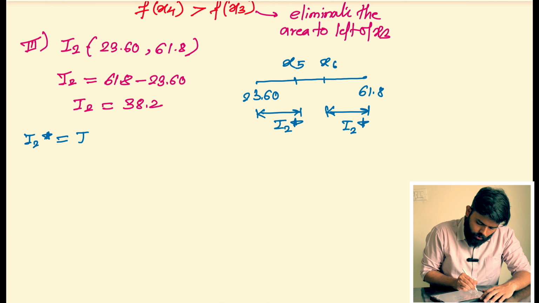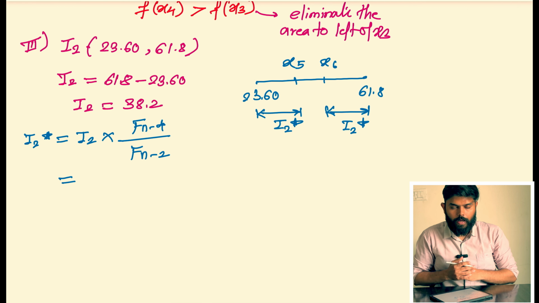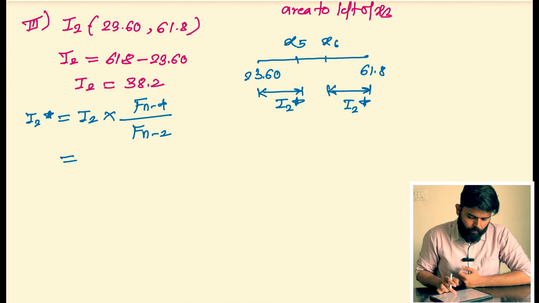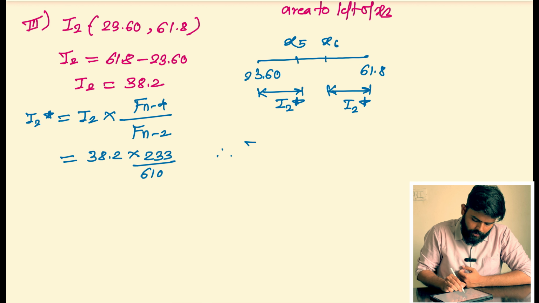We have I2 star equal to I2 into, in the denominator we will now have Fn minus 2, and in the numerator we will have Fn minus 4. We already know the values of Fn minus 2 and Fn minus 4, so let us put those values. So 38.2 into 233 upon 610. Thus I2 star equals 14.59.